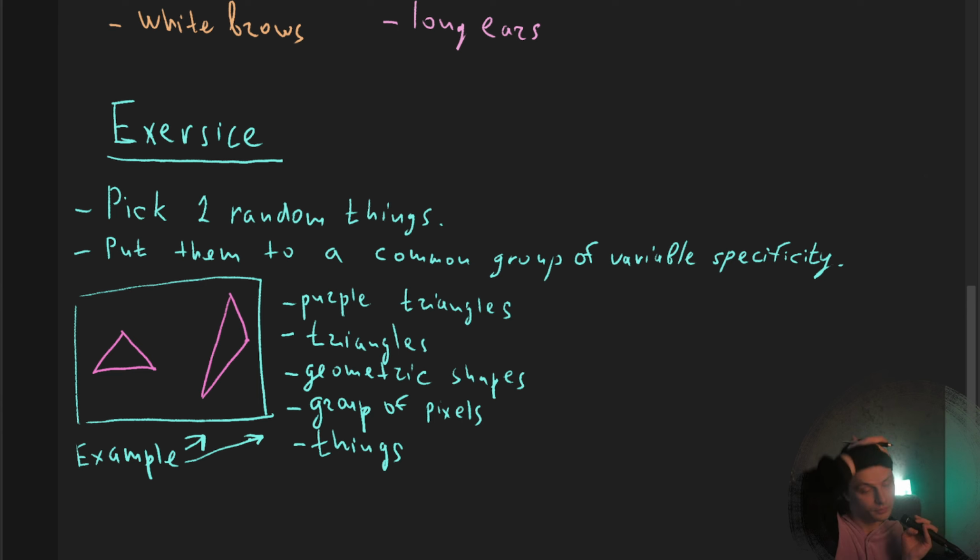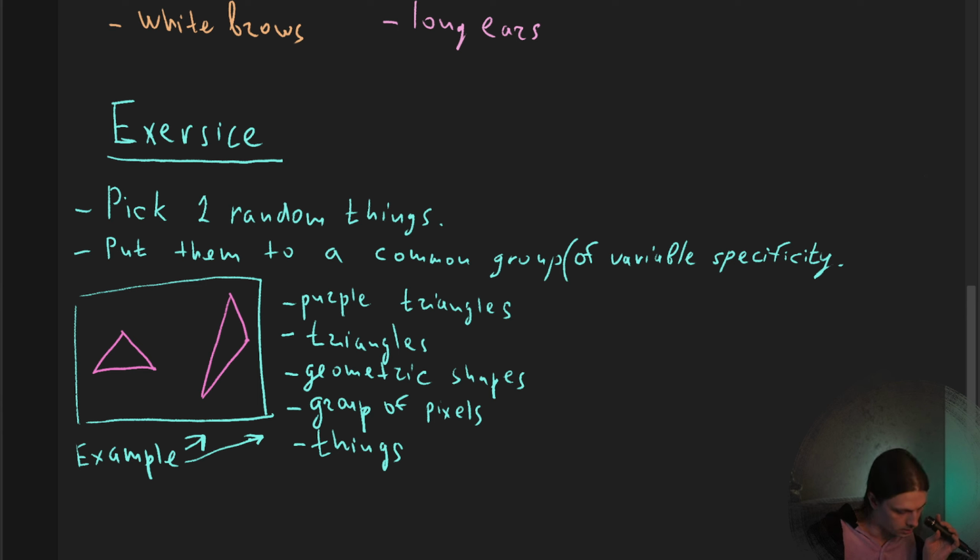So, what else can you do with this exercise? You can try to take something like a purple triangle and a blue square and put them to some common group.